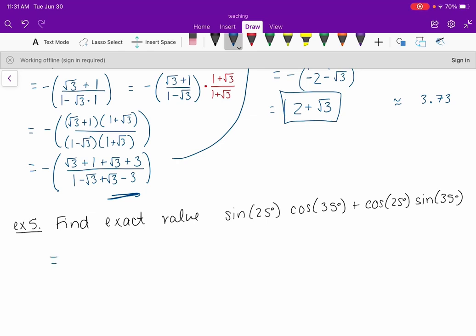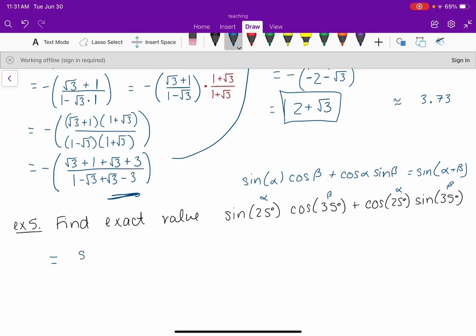This one looks like one of our identities. If I'm letting this be alpha and this beta, it looks a lot like sine alpha cosine beta plus cosine alpha sine beta, which is the sine addition identity. So sometimes you can actually go from the longer side to the shorter side.